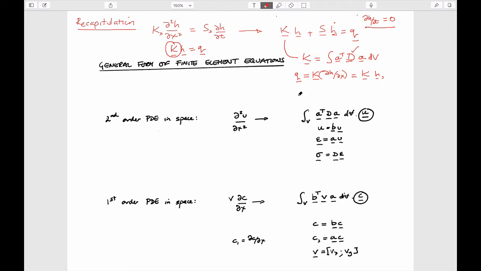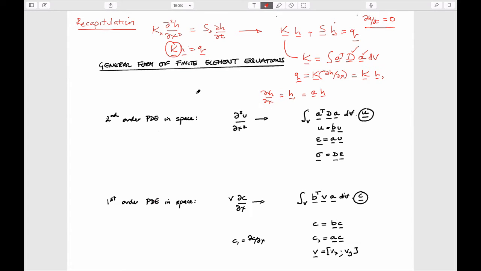We know that the A matrix allows us to link nodal values of heads with, in one dimension, the gradients of those heads in space, which is really just dH/dx. And so that's what this term is. And A transpose is just the matrix transpose of that.